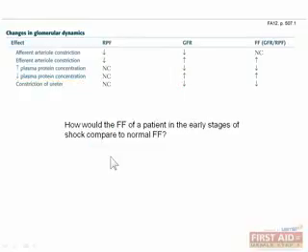On to question 2. How will the filtration fraction of a patient in the early stages of shock compare to a normal filtration fraction? This is a tough one. When people are in shock, they aren't getting enough blood to their vital organs. In the kidney, that means that renal plasma flow will be low. The body responds by selectively vasodilating the afferent arteriole while vasoconstricting the efferent arteriole.